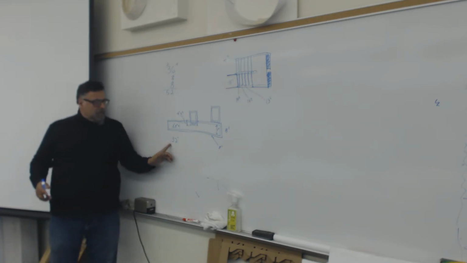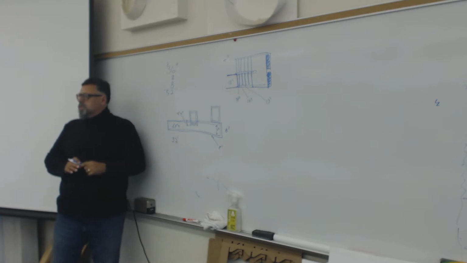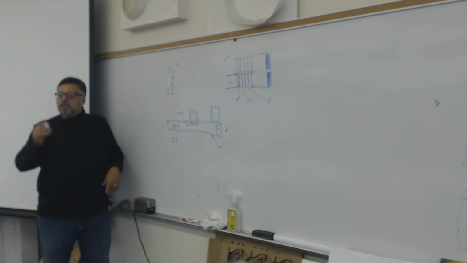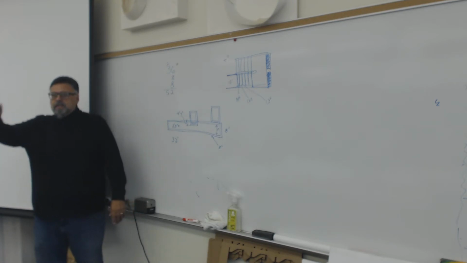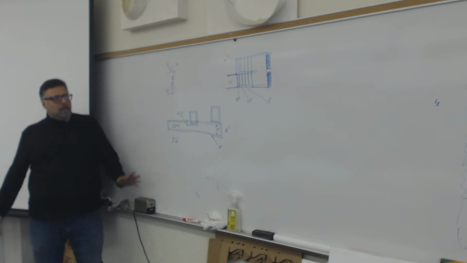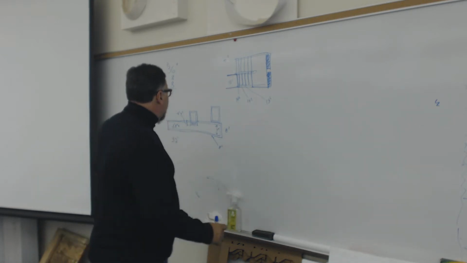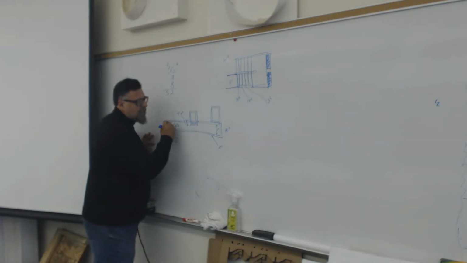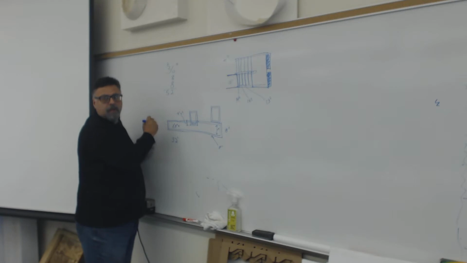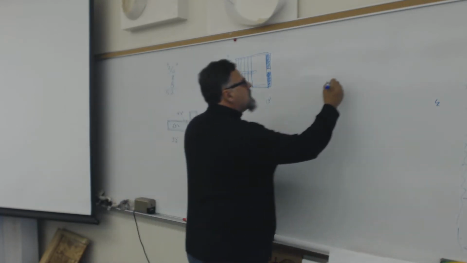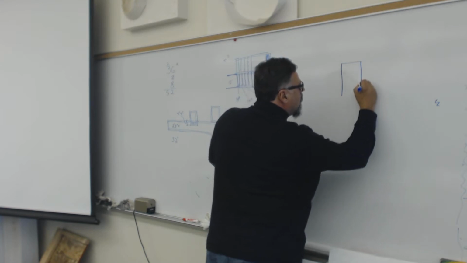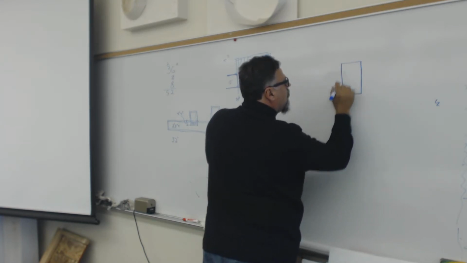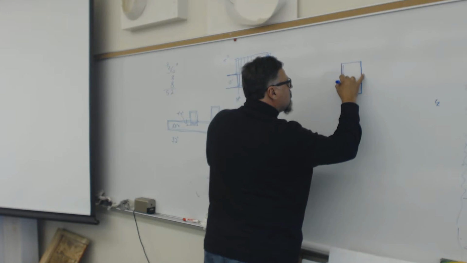Now, does 8 divide into 32? 4 times. So we have 4 risers, 4 little lines. Okay? So the way that that's going to look, if I was to cut a section through this thing, is going to be something like this. I'm going to have my corridor. And it has a wall thickness.